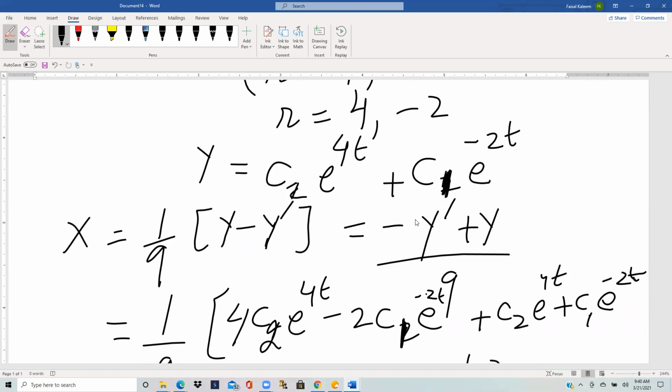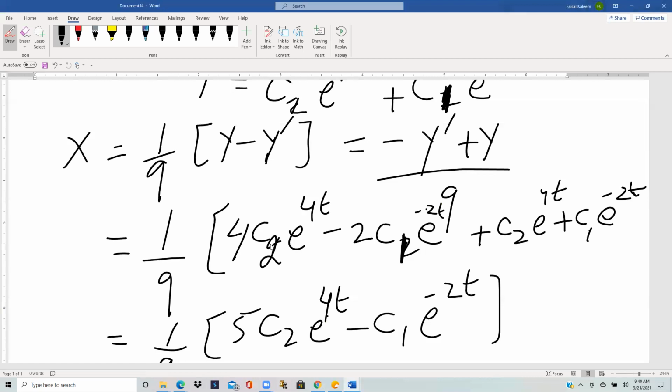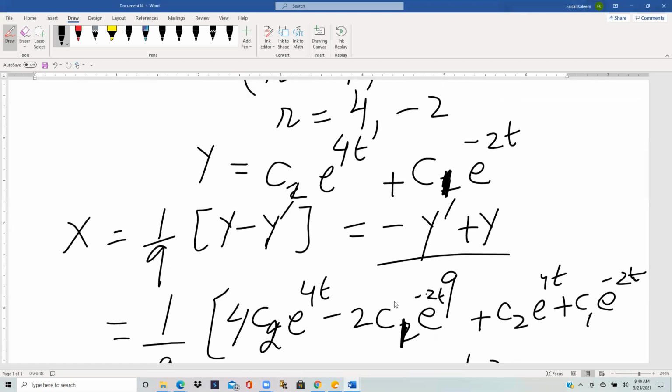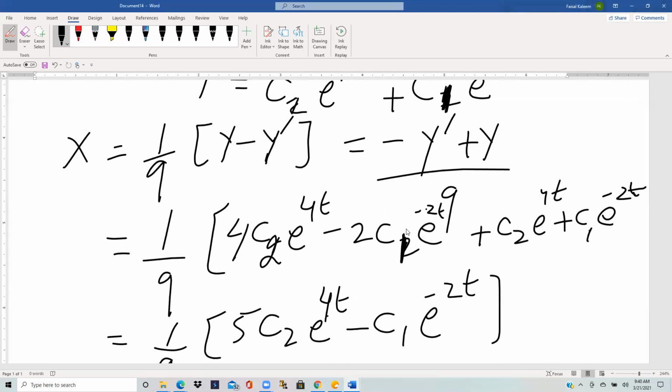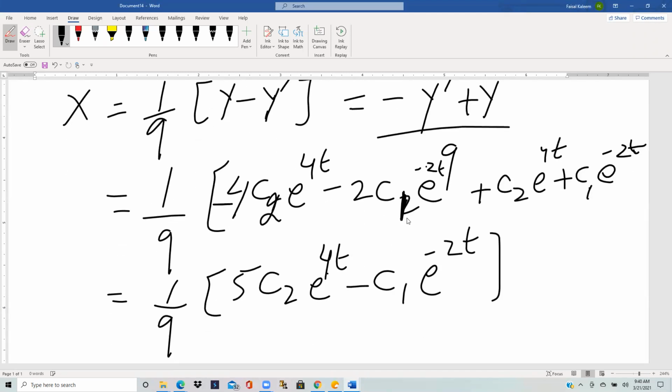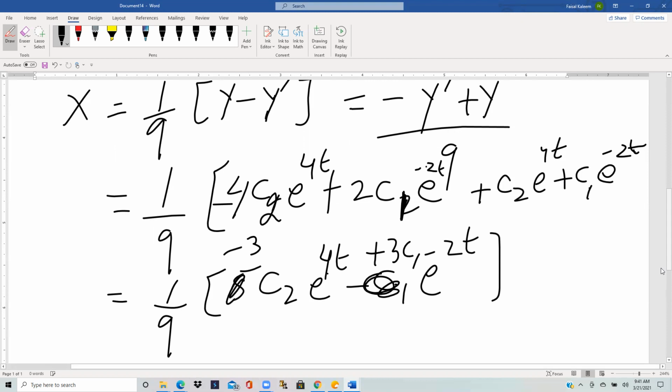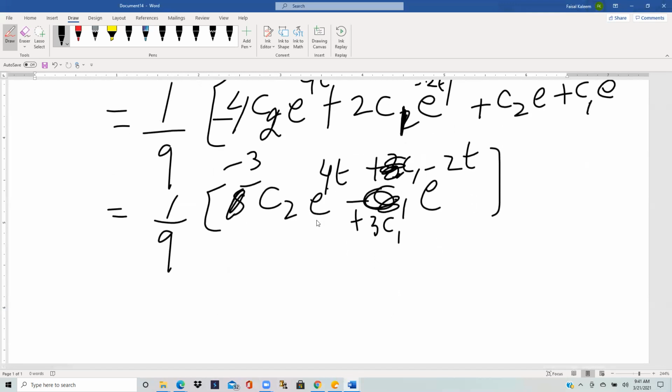Oh, this was a negative y prime. So these first two terms are just y prime. We took the derivative and we forgot about this negative. So this is a negative and this would be a positive. So now the simplification would be negative 4c2 plus c2 would be negative 3c2, and 2c1 plus c1 would be plus 3c1. So this is negative 3 and this is 3, and so they cancel with the 9.